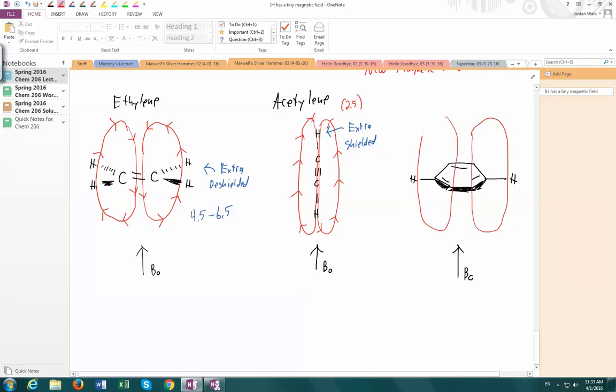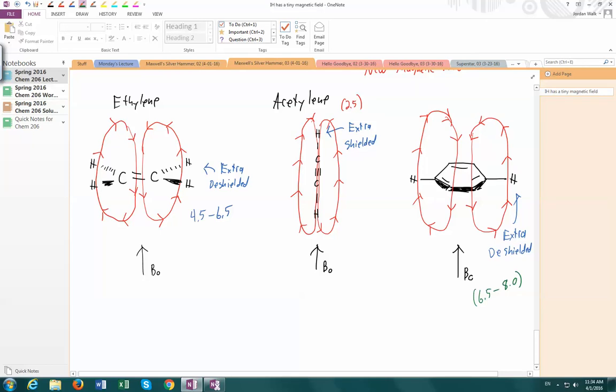So what that ends up looking like is going to be a lot like ethylene. We're going to have the middle opposing, and then over here we'll come back the other way. And so in benzene, are we going to expect our protons to be extra shielded or extra de-shielded? They are now extra de-shielded, and so in ppm, what do you think the number might be? If they're extra de-shielded, is it going to be high or low? It's going to be high, because our protons here are extra de-shielded, and so in fact we see a shift of somewhere around 6.5 to 8.0 ppm anytime we have our protons in an aromatic ring.